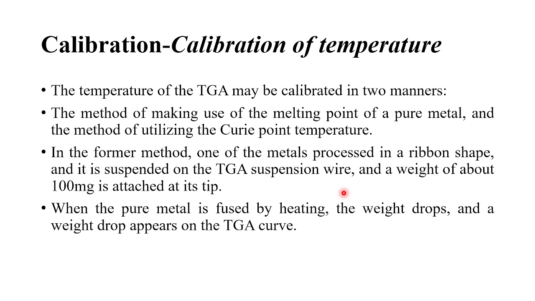In the case of the melting point, one of the metals is processed in a ribbon shape and suspended on the TGA suspension wire, and a weight of about 100 mg is attached at its tip. When the metal is melted or fused by heating, the weight drops, and since there is a microbalance, it will measure the weight. You will get the weight loss from the thermogram.